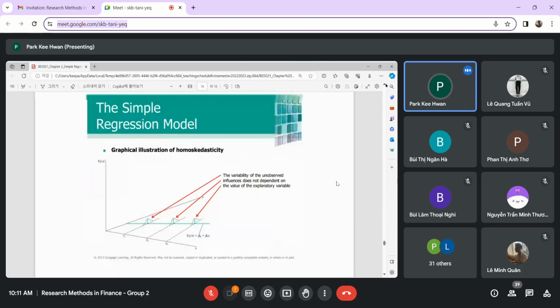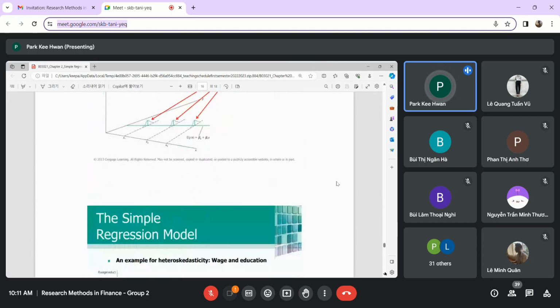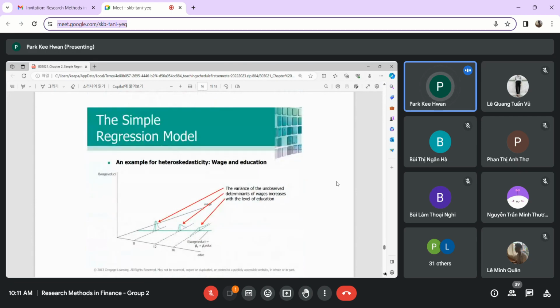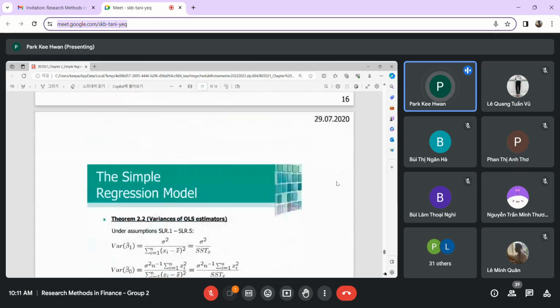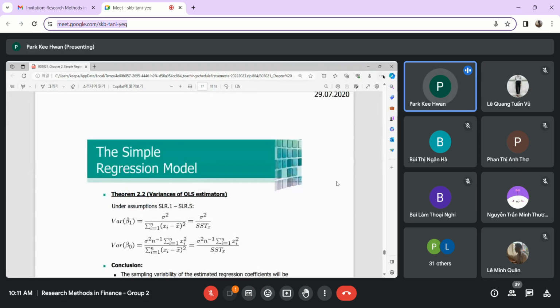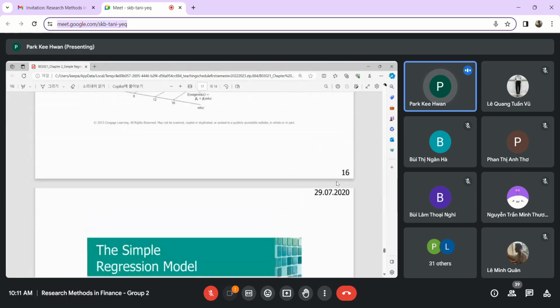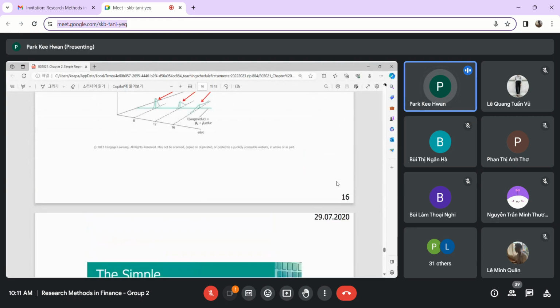However, for the moment, we will assume homoscedasticity. In later chapters, we will relax this assumption and incorporate heteroscedasticity. For now, for simplification, we will assume homoscedasticity of the error.